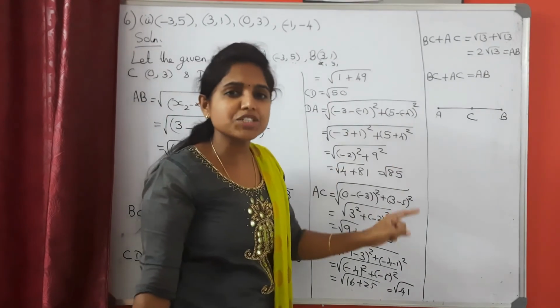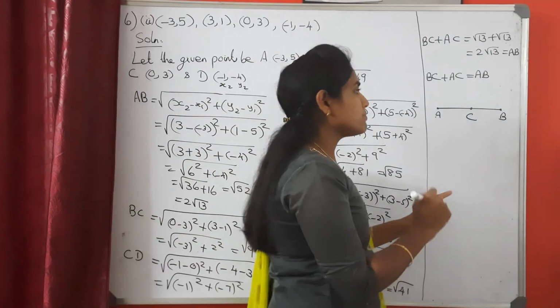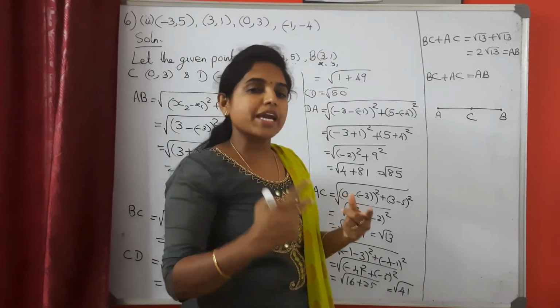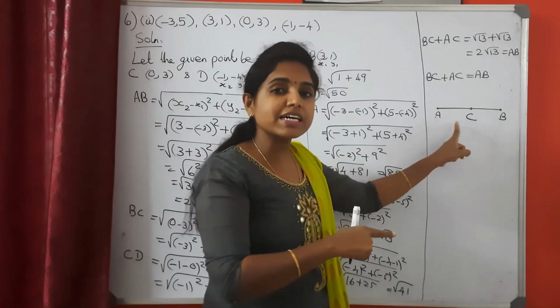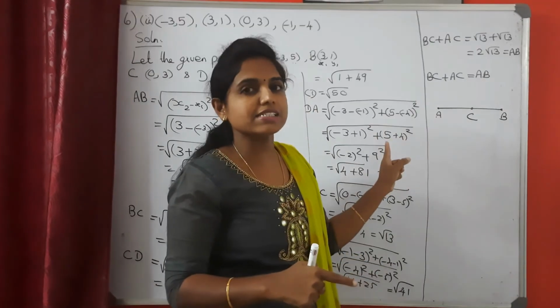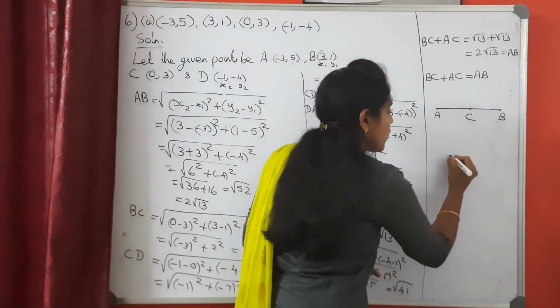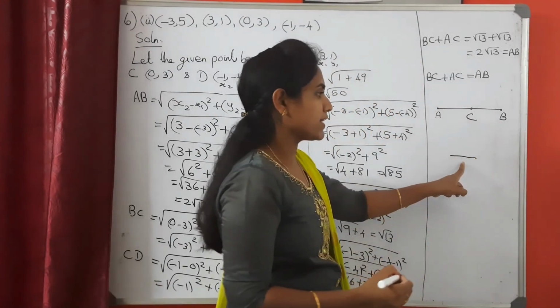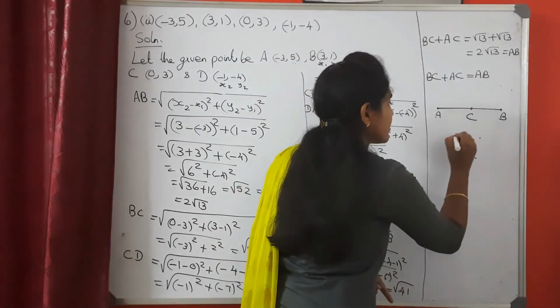Why? What is the condition of a quadrilateral? Quadrilateral means not more than 2 points lie in the same line. But here 3 points lie in the same line. Therefore ABCD is not a quadrilateral. At most 2 points can lie in the same line, and the other points are somewhere else.